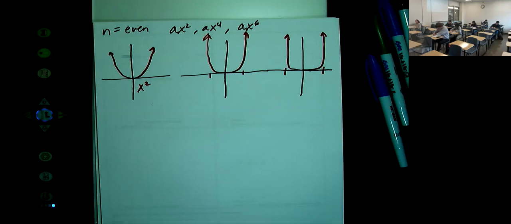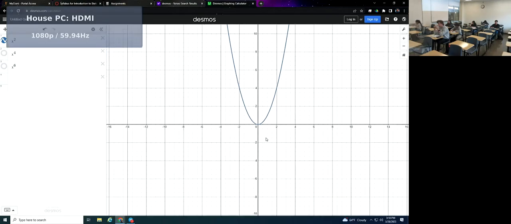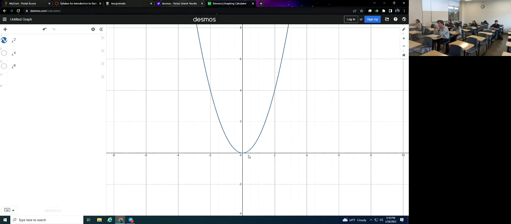In fact, this might be worth showing on Desmos. So we got a good old picture of x to the 4 or x squared.